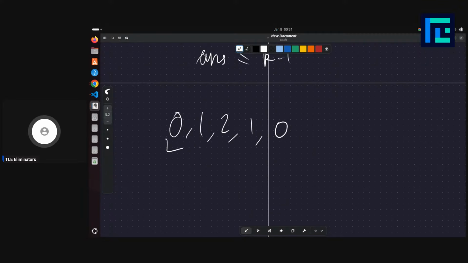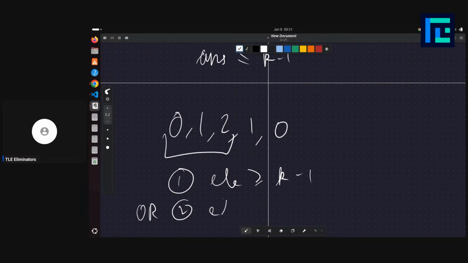So here either this one or this one would be there, right? But what I am saying is that no matter which sub-array you choose, you will always find either an element greater than equal to k minus 1 or an element which is duplicate, right?